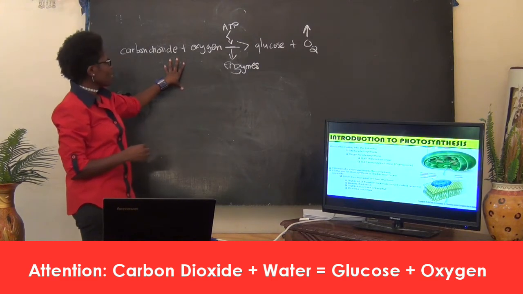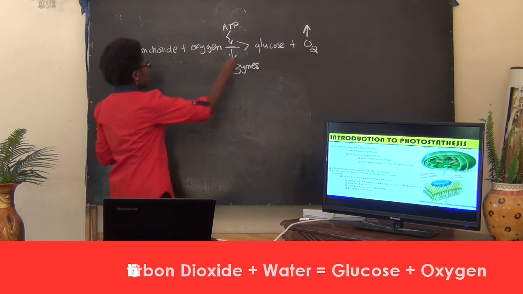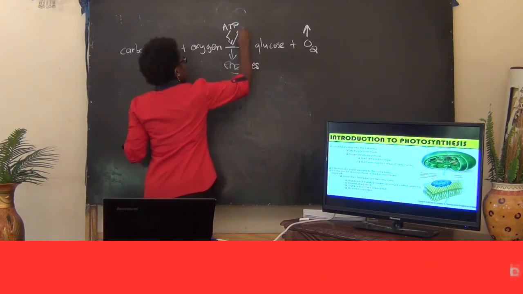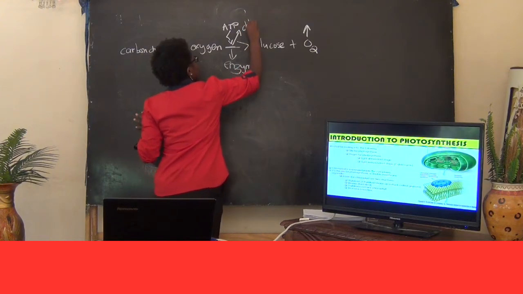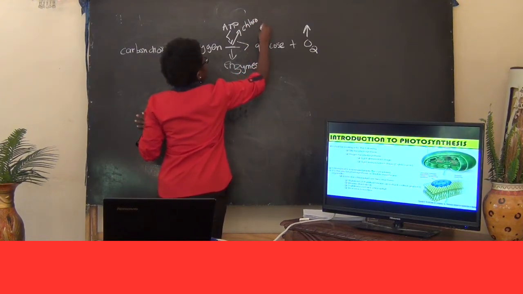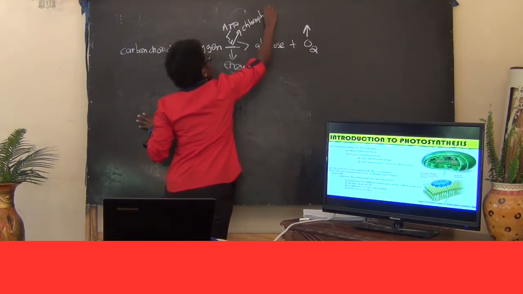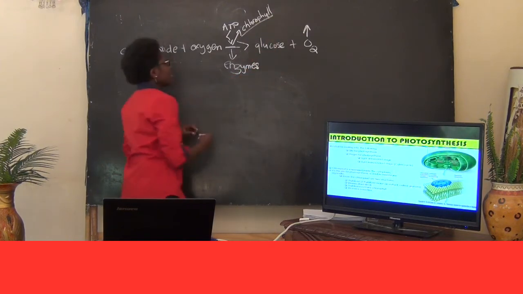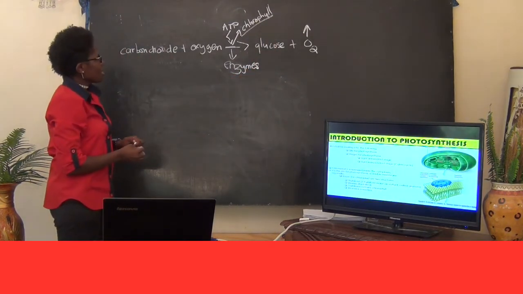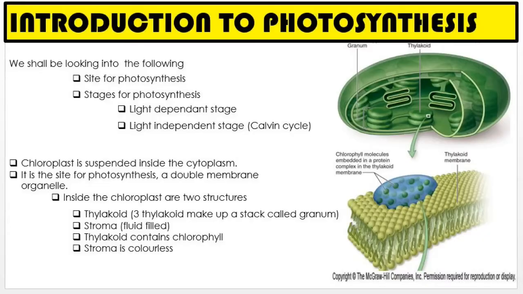So this is what we want to get into. Like I remember the others, you would talk of chlorophyll. Chlorophyll is one of the substances influencing the process of photosynthesis.